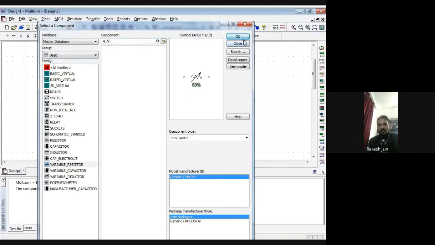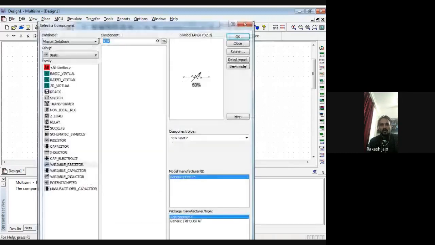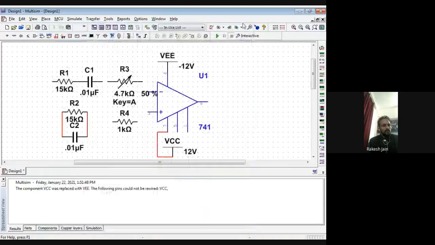So now see, this one is your 4.7k resistor. And one more resistor we require, that is of 1k, so that is R4. In the diagram we mention it by R4, so this is your R4.